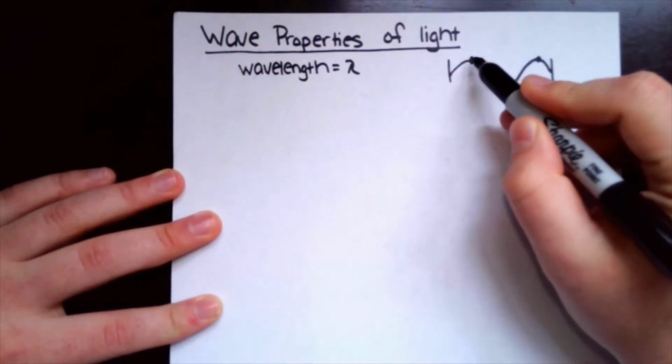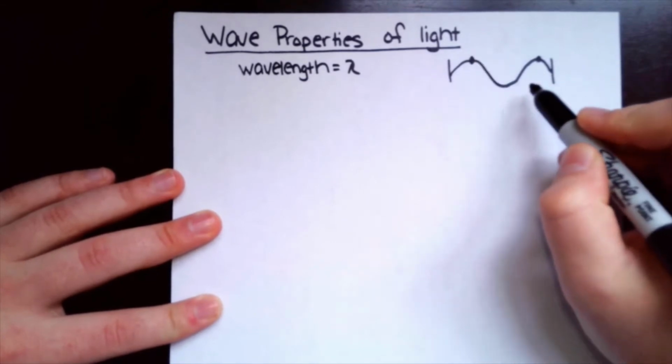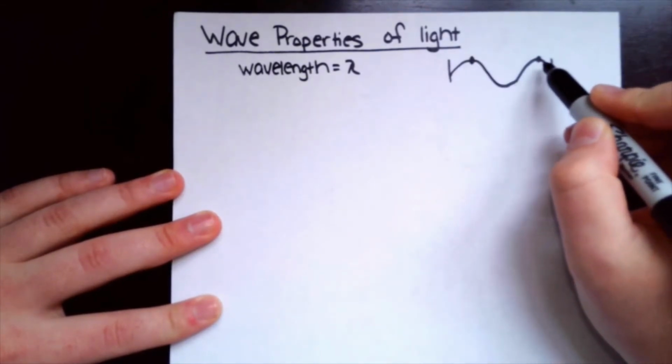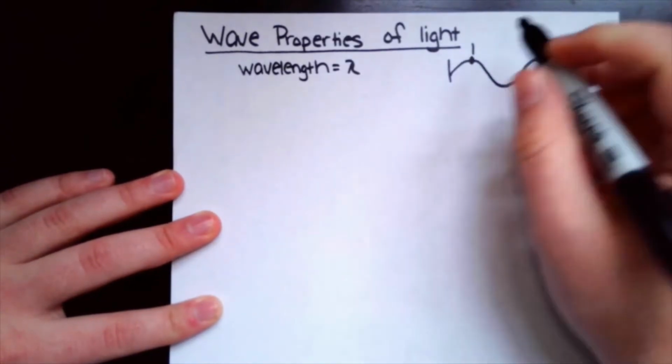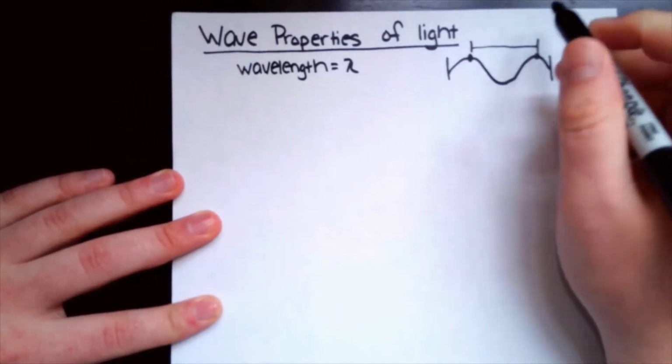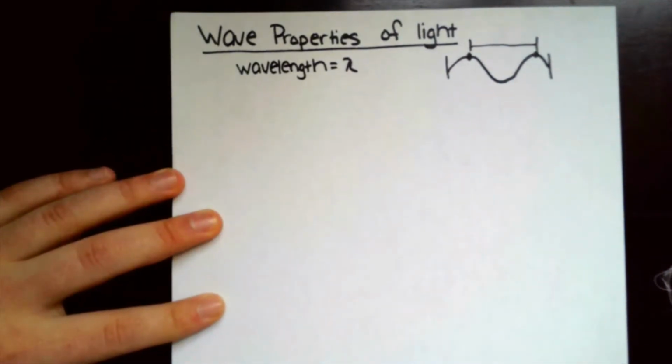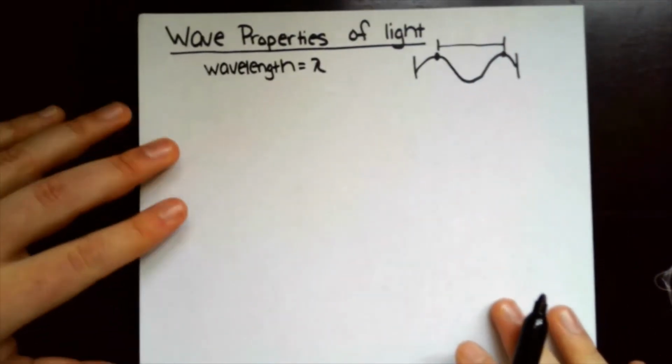I started at a peak here and it took all the way to there to get to the next peak. That distance is the wavelength. So it's effectively the distance for one unit of your wave.